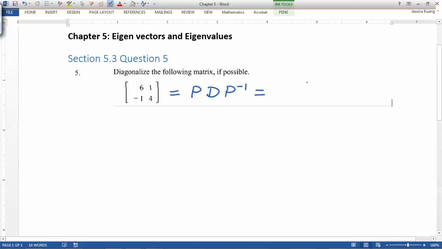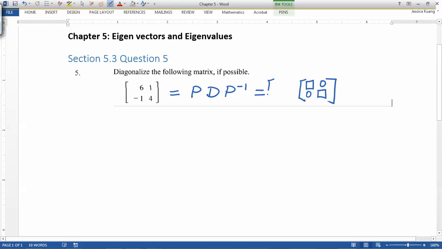What is D? Matrix D is constructed by the eigenvalues of my original matrix in its diagonal and 0 everywhere else.